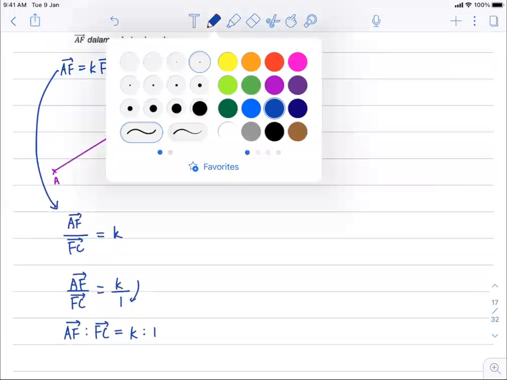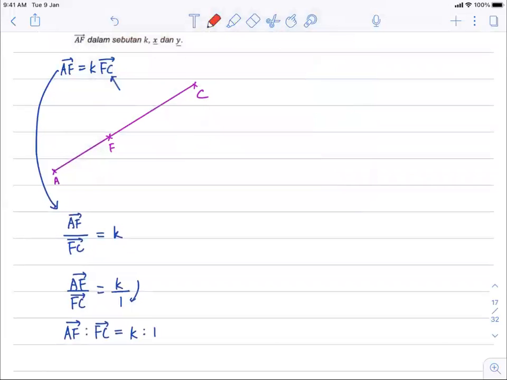In other words, if the length of AF is k, the length of FC will be 1. So for A until C, it will be k plus 1.